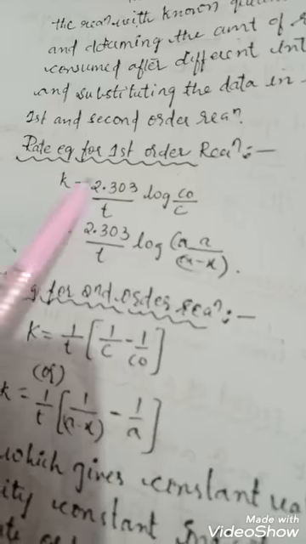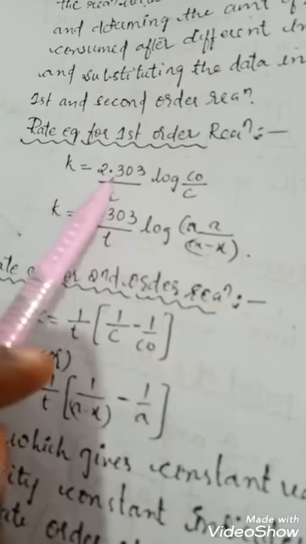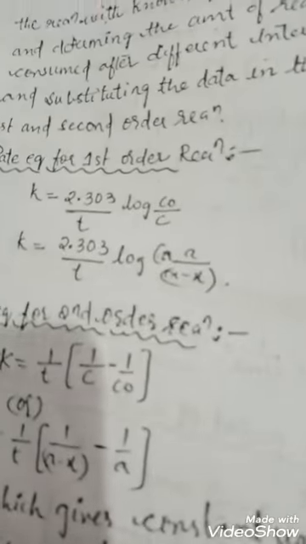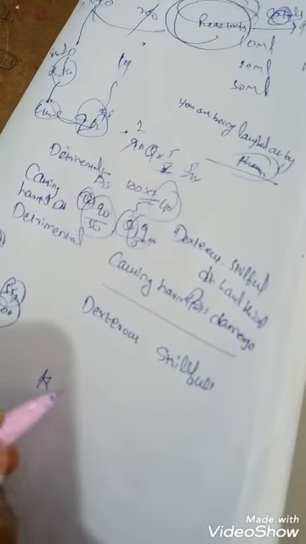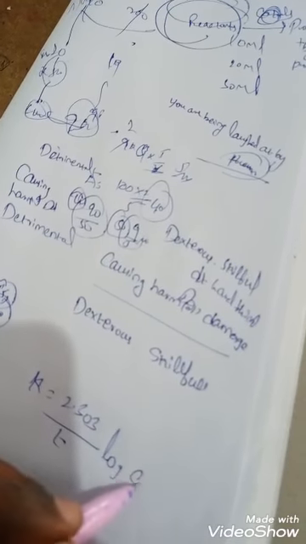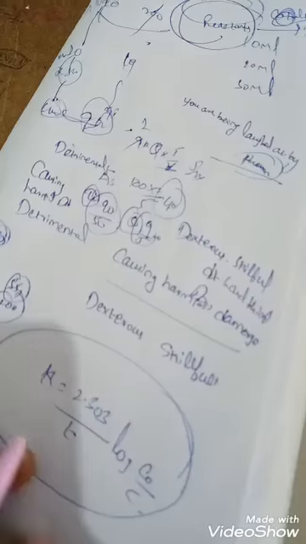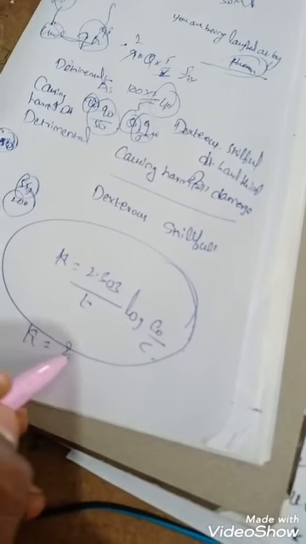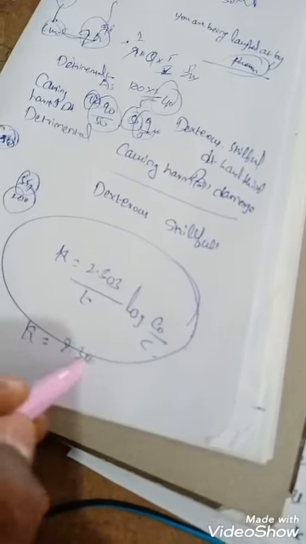The rate equation for first order reaction is K equals 2.303 by T log C naught by C. In that, C naught by C can be substituted as A by A minus X, as we discussed in the previous class.